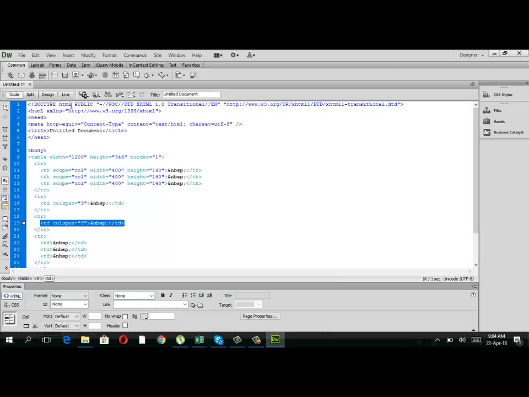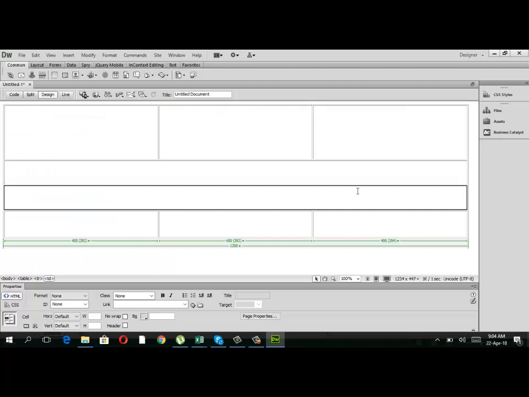Now colspan basically means that this particular column has been expanded, spread to 3 columns. Colspan is 3. Now over here they wanted 2 columns because they had an image over here which would exactly fit, and this image will have a width of 400.